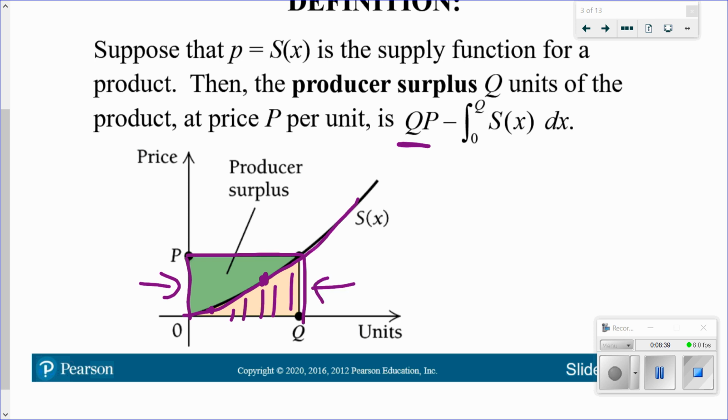Remember, this is the section that represents what we were willing to take, but we actually got more than that. Okay, so we're going to take the rectangle that comes first. Please write a note about that to yourself. The rectangle has to come first. And from that, we are going to subtract the antiderivative of the supply function from 0 to q.